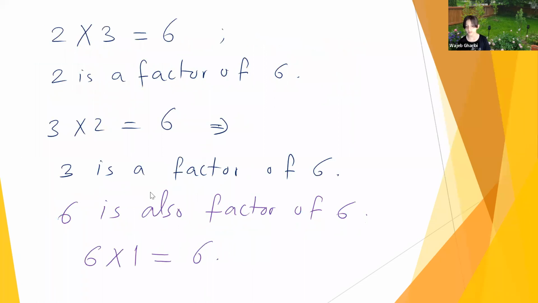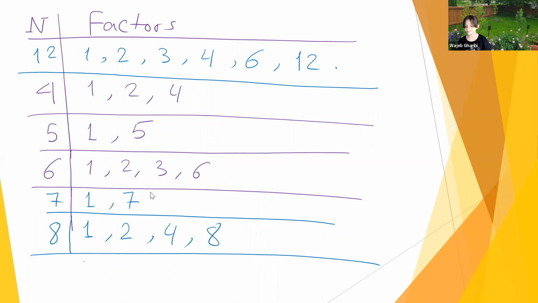And how about 2? 2 is a factor of 6 because 2 times 3 equals 6. And 3 is also a factor of 6, and 6 also is a factor of 6 because 6 times 1 equals 6. Here is a table where we put the number and its factors.